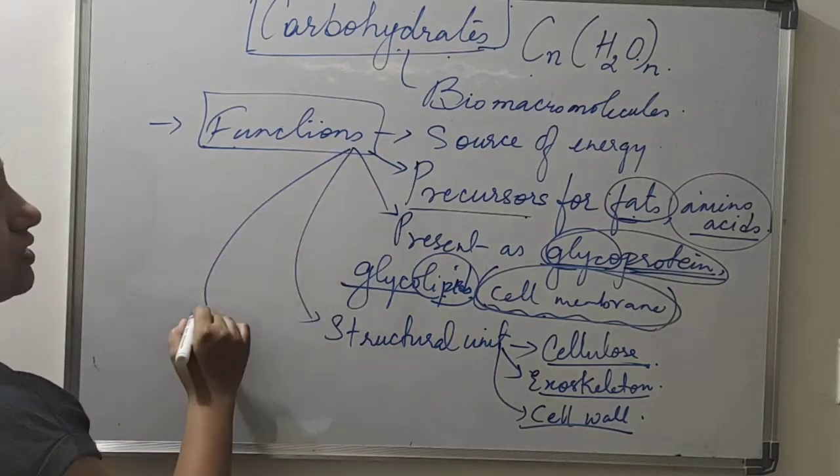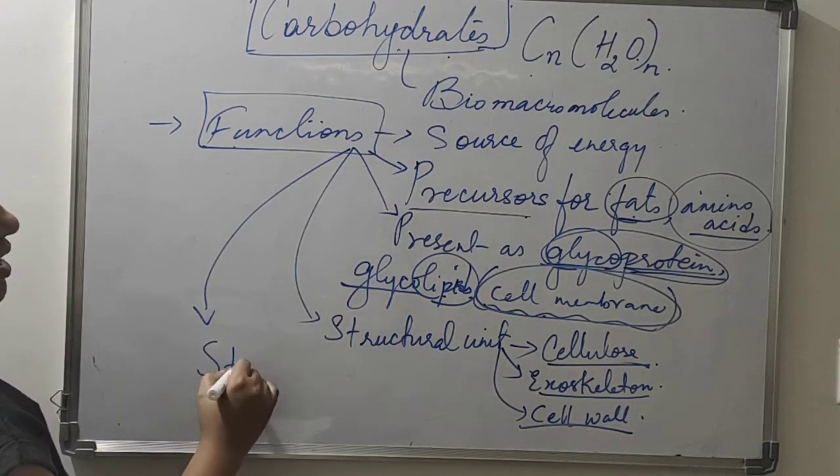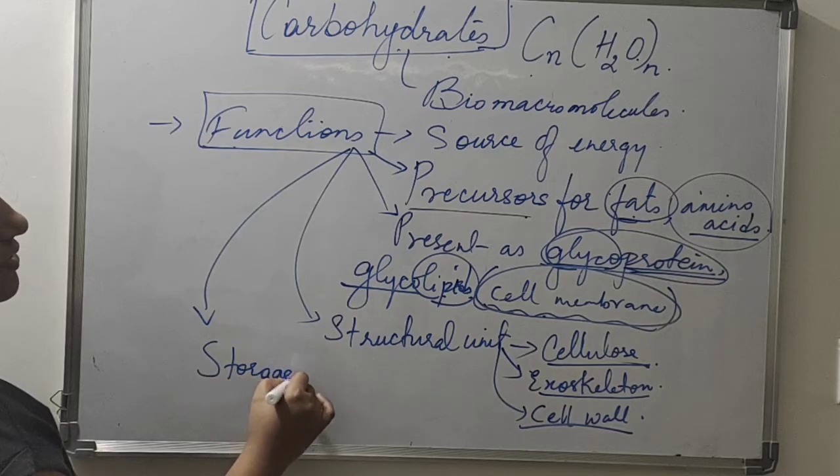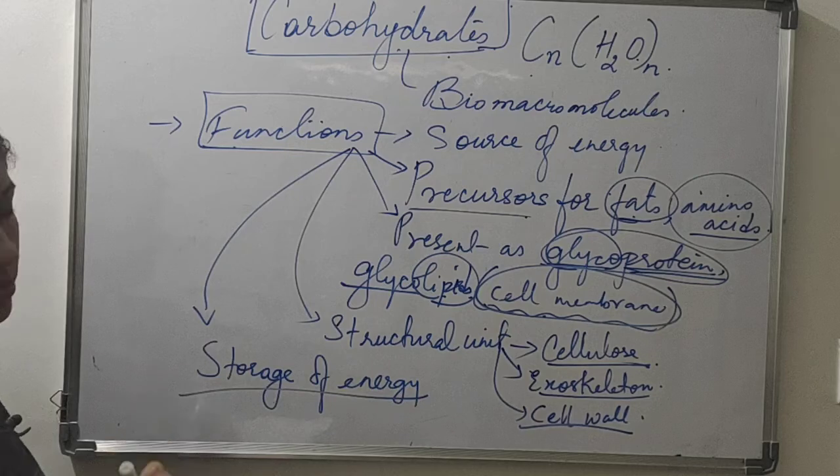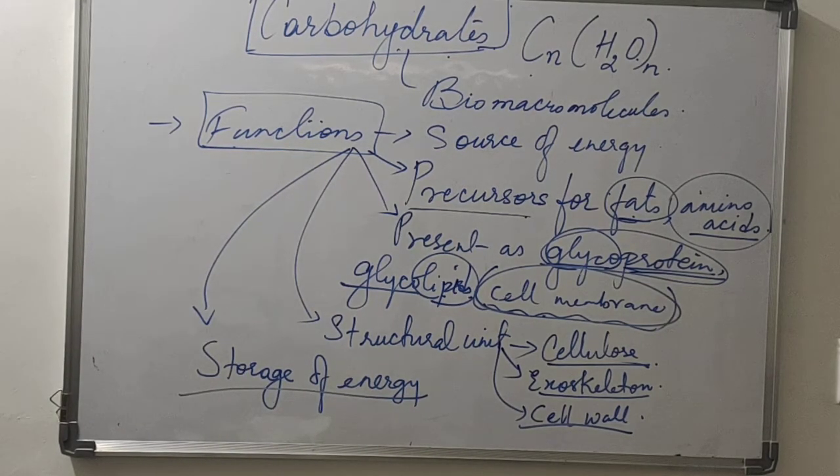And the last function is the important one: carbohydrate is used as a storage of energy. Some forms of carbohydrate are used for storage purposes, such as glycogen, inulin, and starch.